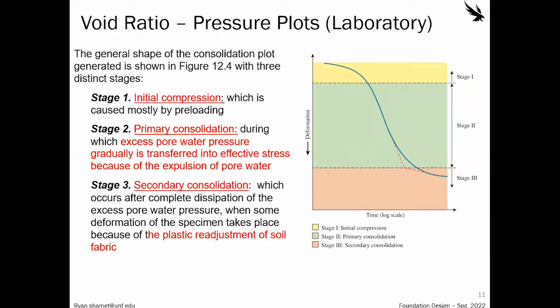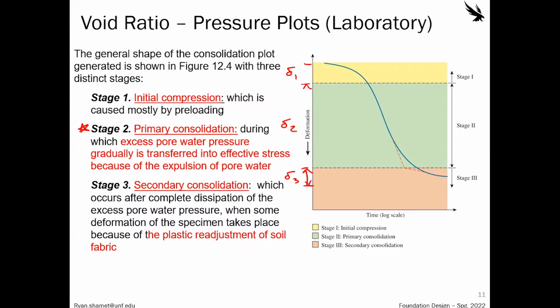Okay, so when we talk about consolidation as a whole in clays, what we're actually talking about are 3 stages. The majority of the loss of volume, or the majority of the settlement, occurs from our primary consolidation stage. This y-axis is representing the deformation. This is the deformation from stage 1, this is the deformation from stage 2, this is the deformation from stage 3.